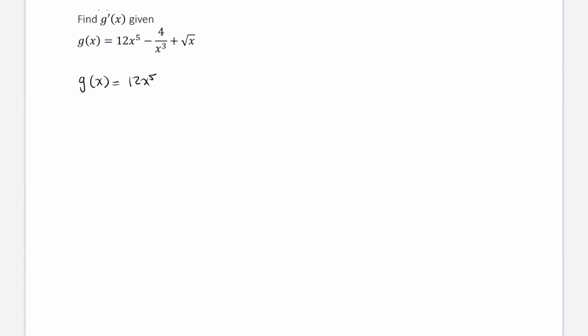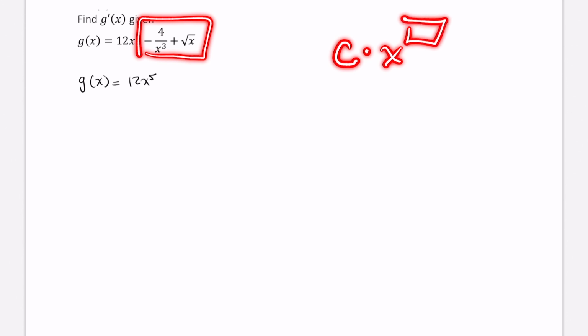12x to the fifth can remain the same. What I want to do is rewrite the other terms so I always have a constant times x to some power. This way we can apply the power rule for derivatives.